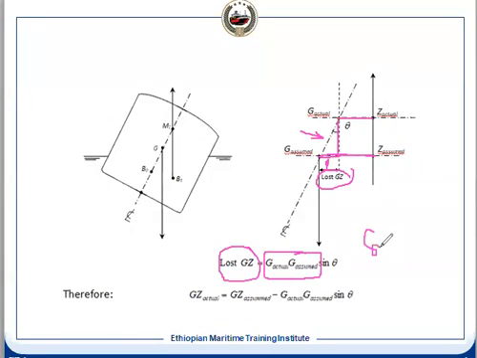Because sine theta is equal to our loss GZ divided by G actual to G assumed.